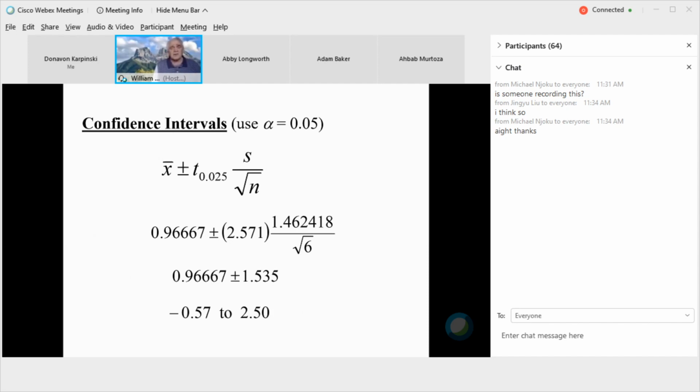It's 2.571. The 1.6 is s, n is 6, and x bar is 0.966. So that confidence interval is minus 0.57 to 2.50. So the average weight gain on this new diet is, with 95% confidence, somewhere between minus 0.57 kilograms and 2.50.